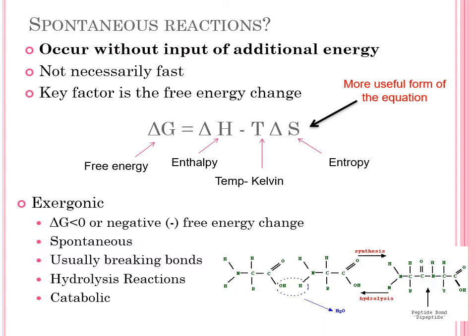And then here's another term that we're going to use to define these types of chemical reactions. This type of metabolism, which is a sum of chemical reactions, is called catabolic. And so this means that there's going to be a breakdown of bonds, energy is going to be released, and this is defining a collection of chemical reactions which is spontaneous and exergonic. So catabolic.